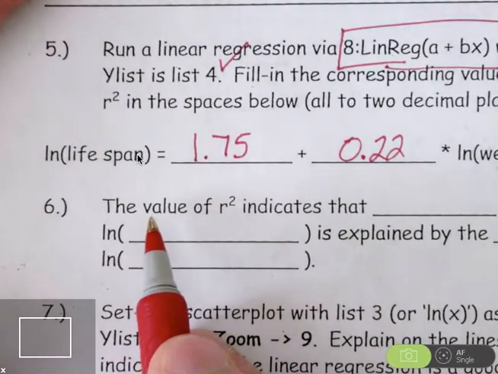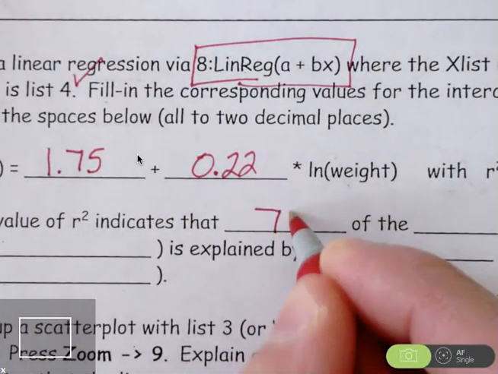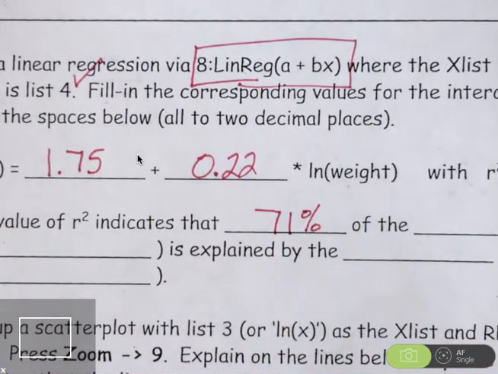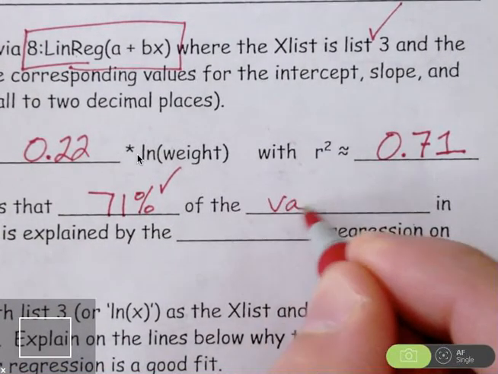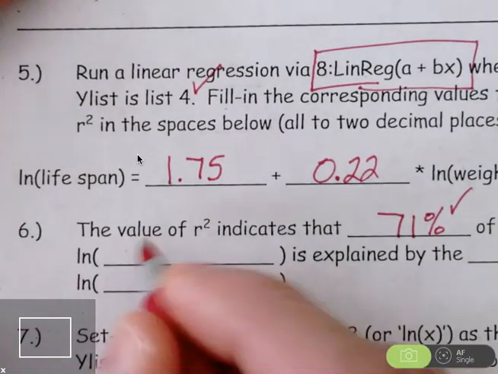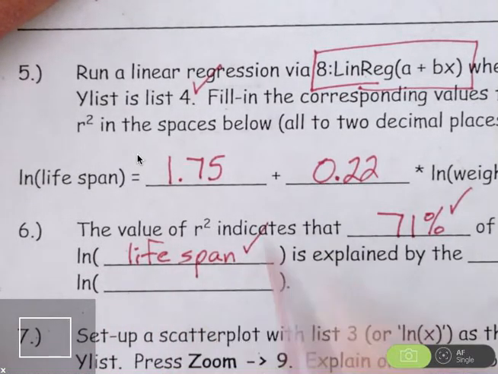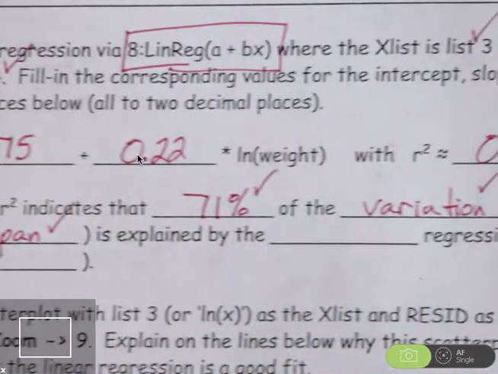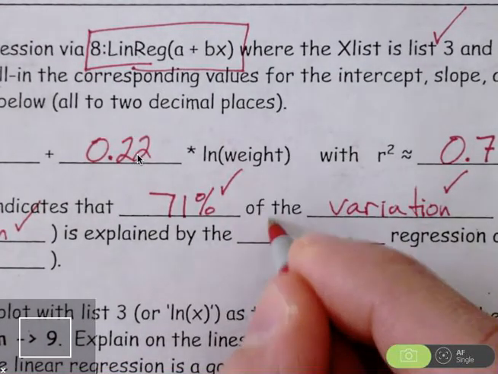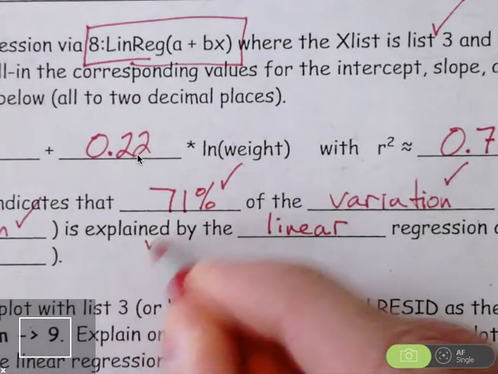The value of r squared indicates that, first the percentage, 71%, that's the first thing, of the variation, that's the second thing, in the natural log of lifespan, that's the third thing, is explained by the linear regression. So we are explaining, that's the fourth thing.